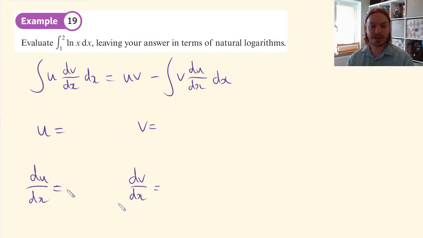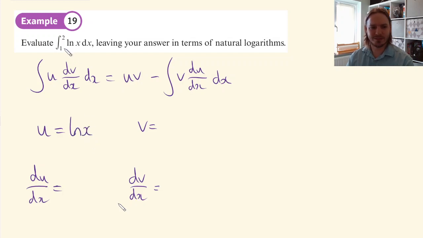And we saw earlier when we did our example of x ln x that setting up dv by dx as natural log of x doesn't help very much, because the whole point of this is we don't know how to integrate it. So ln x can't be the dv by dx, so the ln x term must be u.